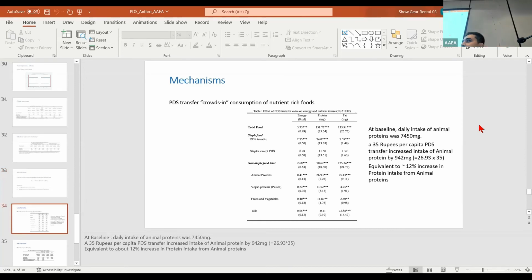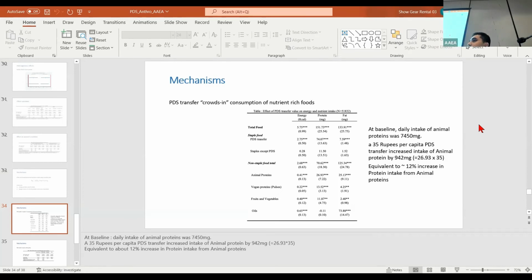Here we find that food transfers increase the total energy, protein, and fat intake. So first of all, the transfer itself is actually reaching the households, and they are improving their energy and protein intake.